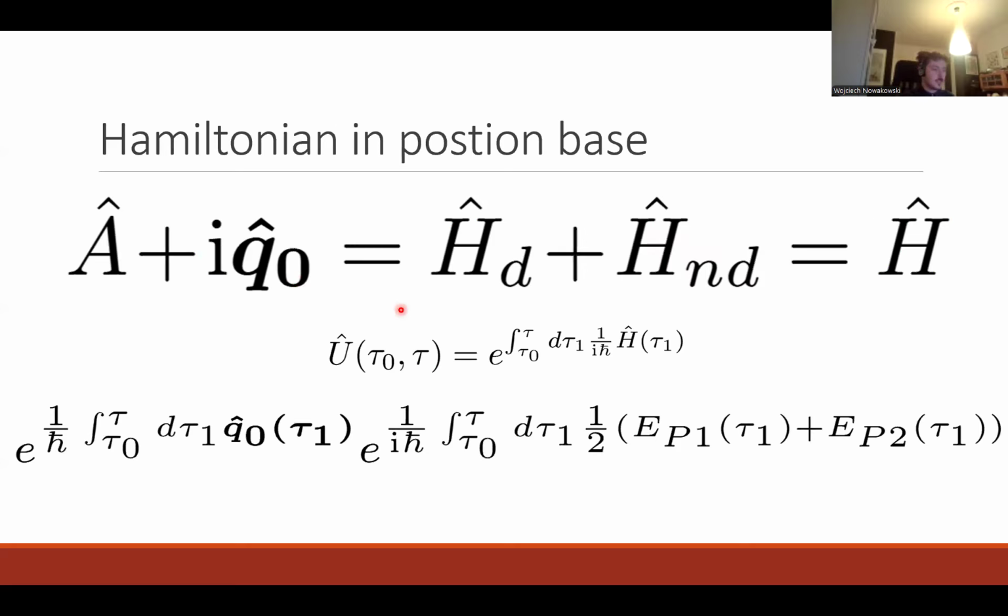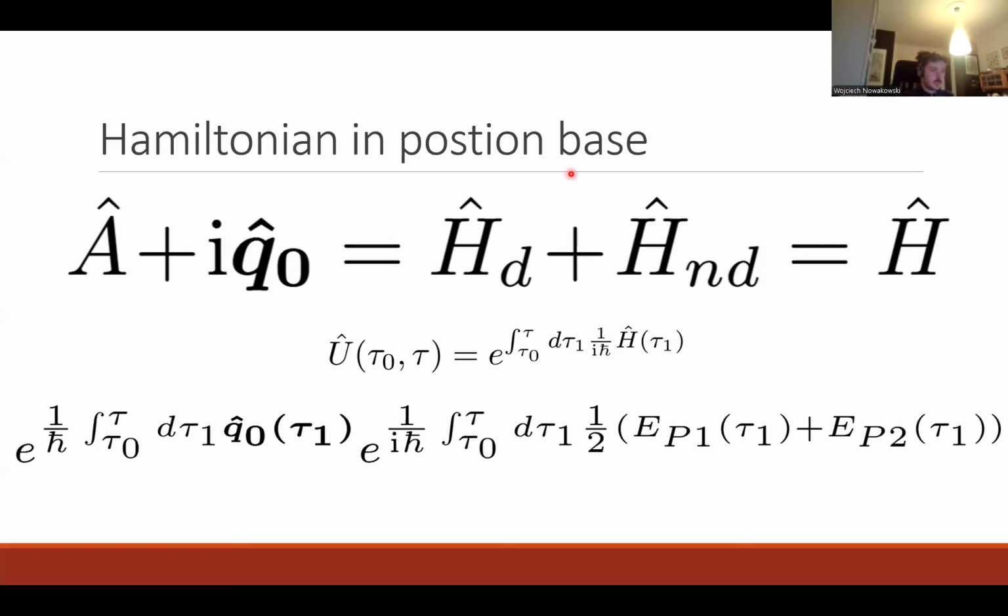The first example is the time difference operator, and the formula for this operator is the exponent of the integral over dt1 of d tau1 times 1 over i h bar times the Hamiltonian.